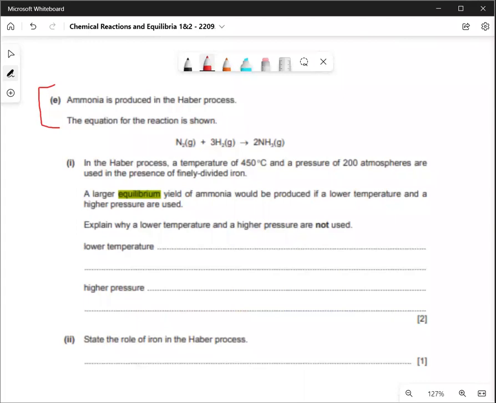The ammonia is produced in Haber process. The equation for the reaction is shown. N2 gas plus 3H2 gives 2NH3 gas.